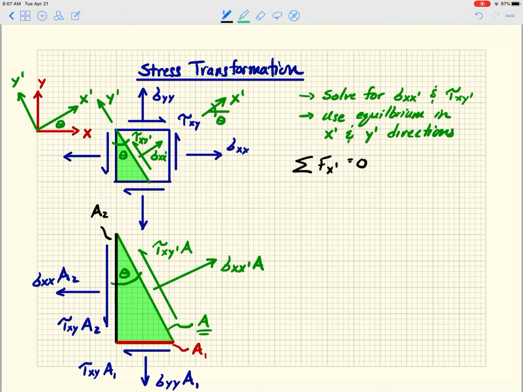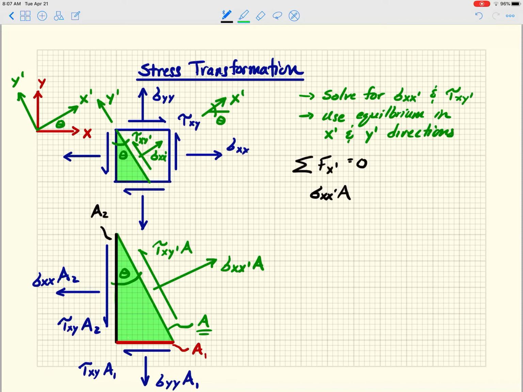So let's get going. This is going to be a little messy, I'm going to warn you, but we will clean it up. And after this lecture, I'm going to show you a more intuitive way of looking at the stress transformation equations. The point here is that you understand where they're coming from.